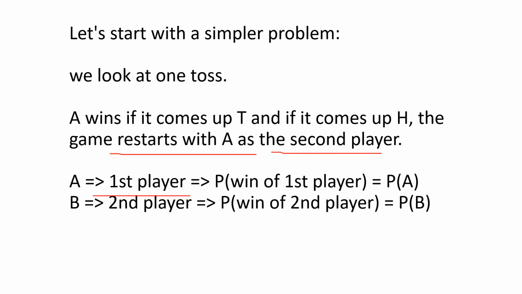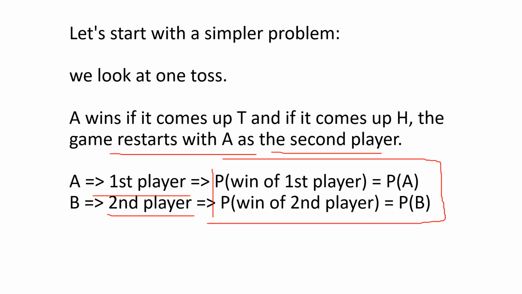So in a way, if it comes up heads, the game restarts with A as the second player. Initially A is the first player and B is the second player. The probability of win of the first player is PA, and the probability of win of the second player is PB. Since the game continues till one of the players wins, PA plus PB is equal to 1.